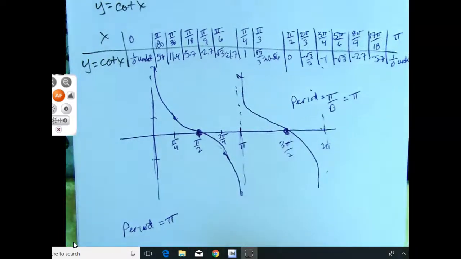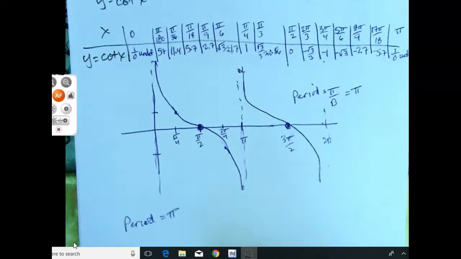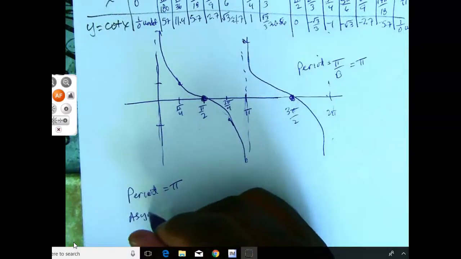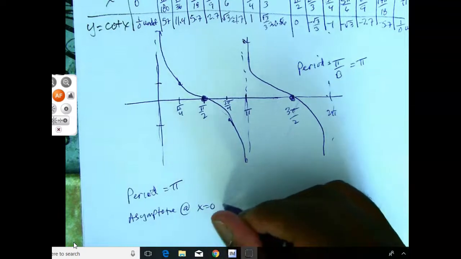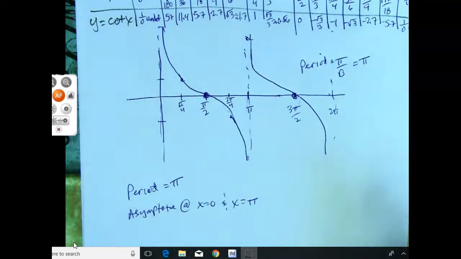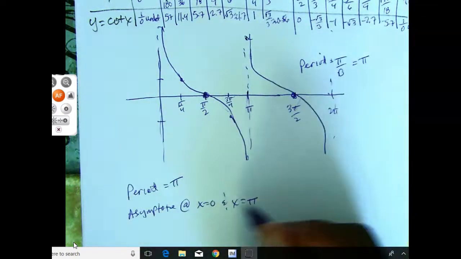We have vertical asymptotes at 0 and pi. We notice that our x-intercept is midway between the asymptotes.